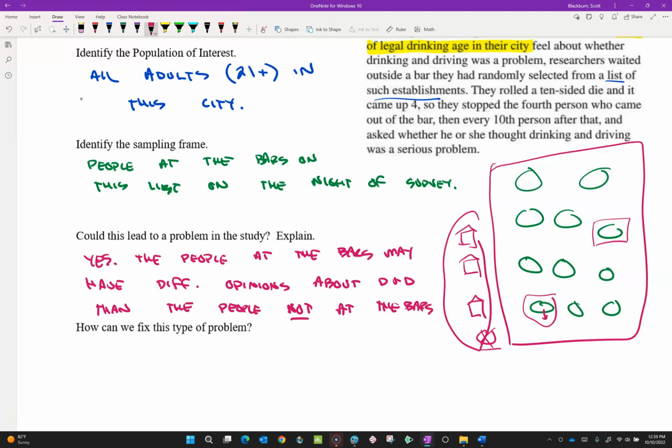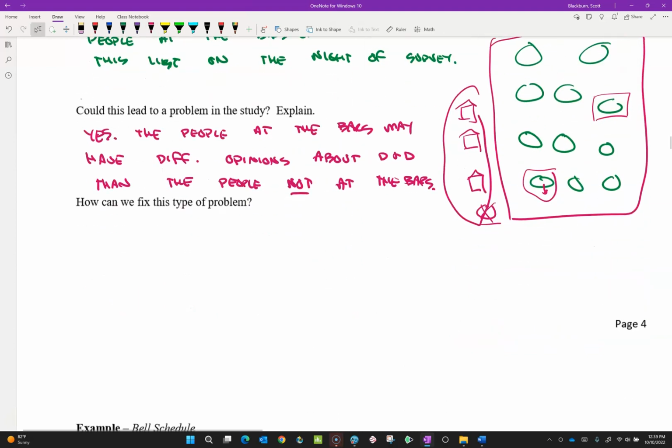Okay? How can we fix this type of problem? We really just need to make our sampling frame equal to our population of interest. Now, it's not always easy, but you know, don't survey people at the bars. So the question is, how are you going to survey people? Maybe you could get a voter registration list or something.